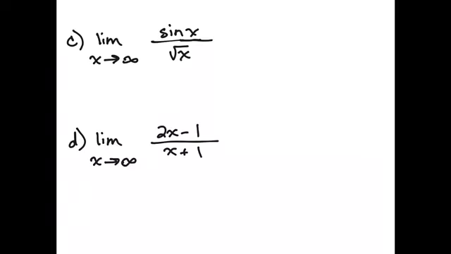Limit as x goes to infinity of sine x over the square root of x. Let's think about what is happening for sine x. We looked at that graph last class, right? What does sine do? It oscillates back and forth between plus or minus 1.